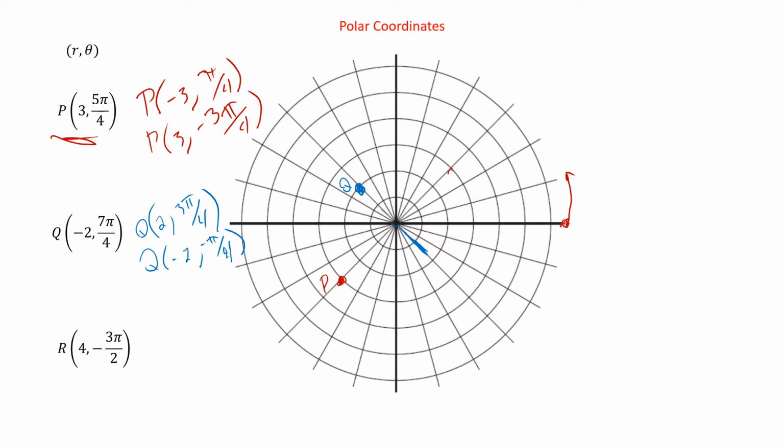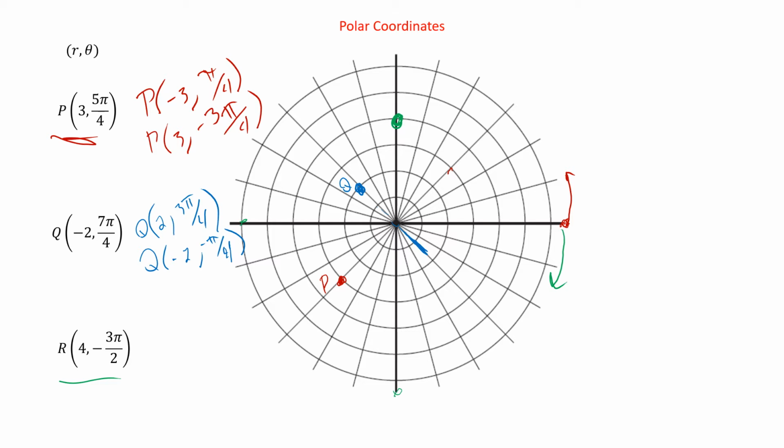Or we could have point R. Here we're going negative 3 pi over 2, which takes us here going backwards. 1 pi over 2, 2 pi over 2, 3 pi over 2, and we're up 4. 1, 2, 3, 4.